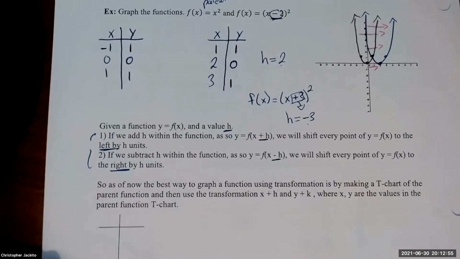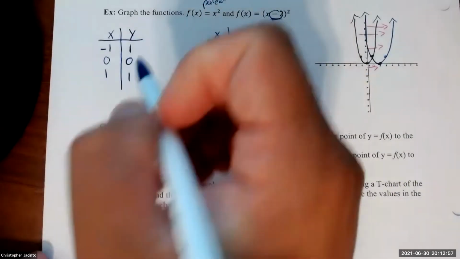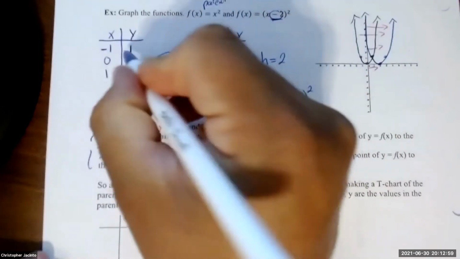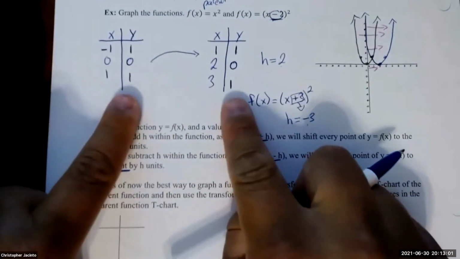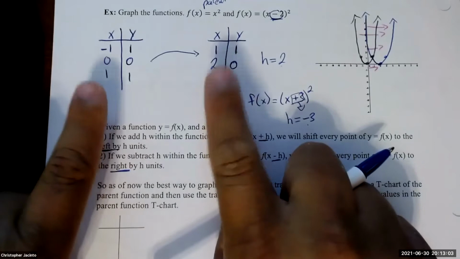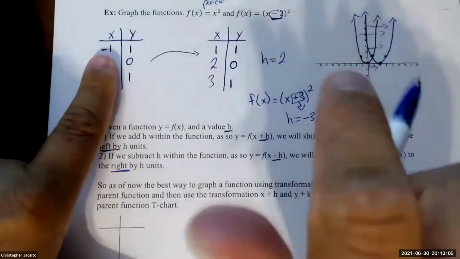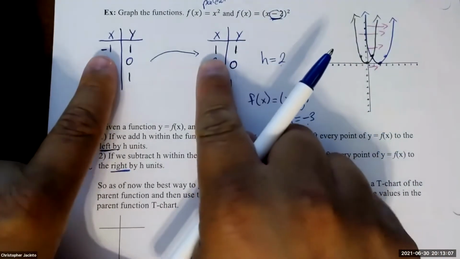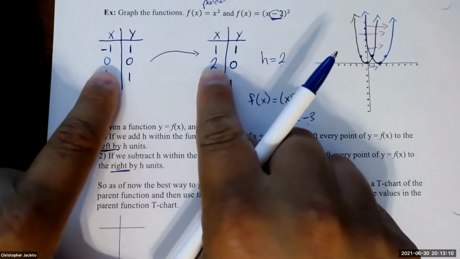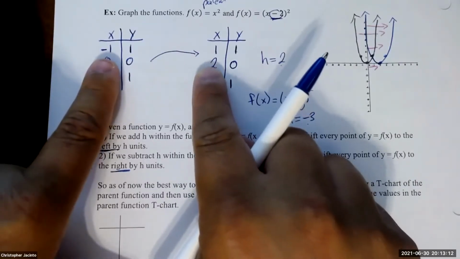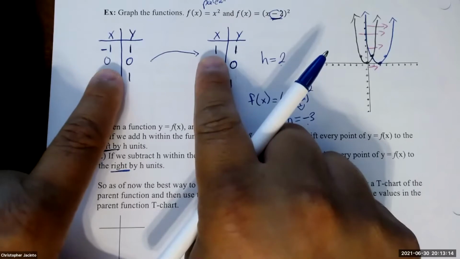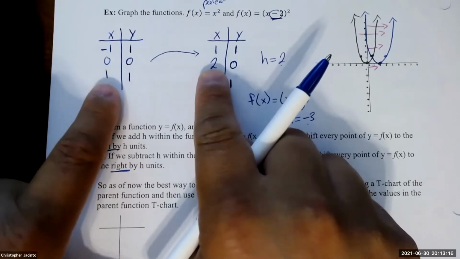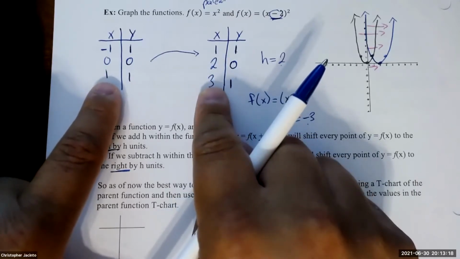Okay? And the last thing is, notice when we go from here to here, so from a parent to child function, y stays the same, now x has changed. And now notice, how do we go from there? We actually added 2 to get to those new ones, right? -1 plus 2 is 1. 0 plus 2 is 2. 1 plus 2 is 3.